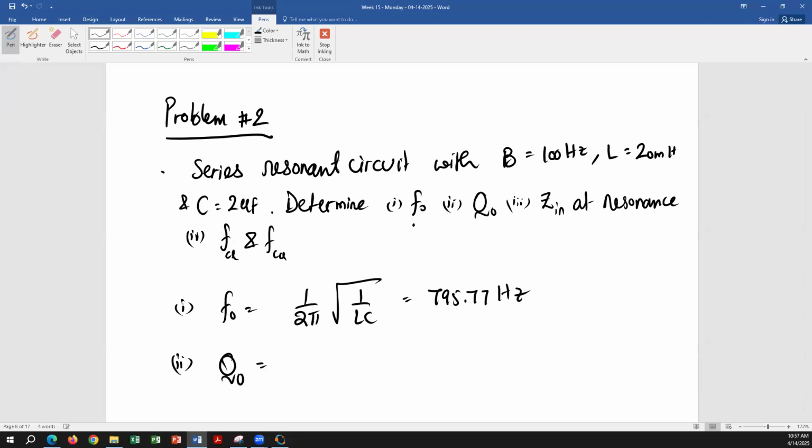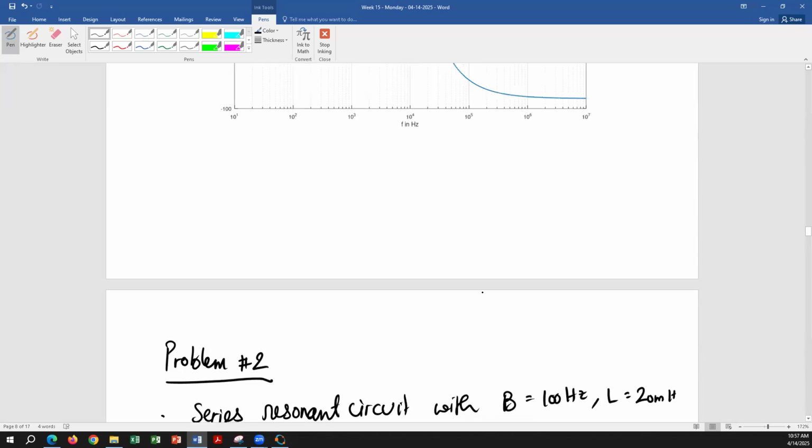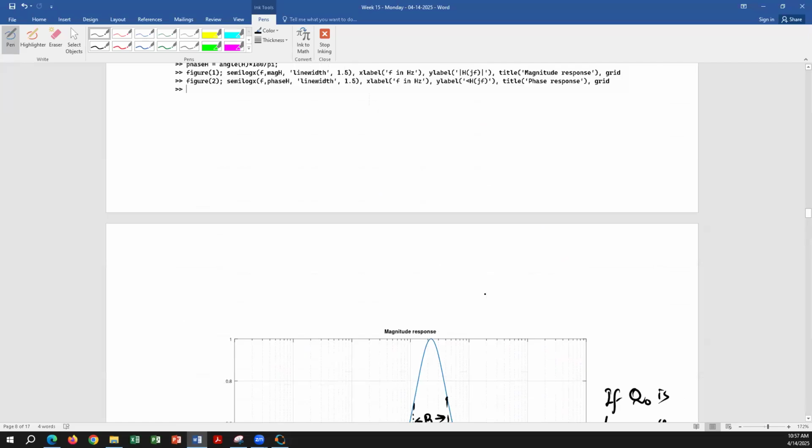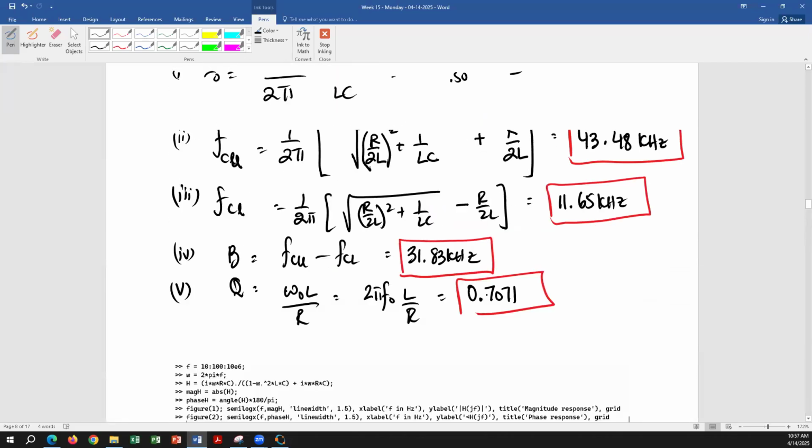Q naught. Q naught is the magnitude of the reactance over R. Keep forgetting.